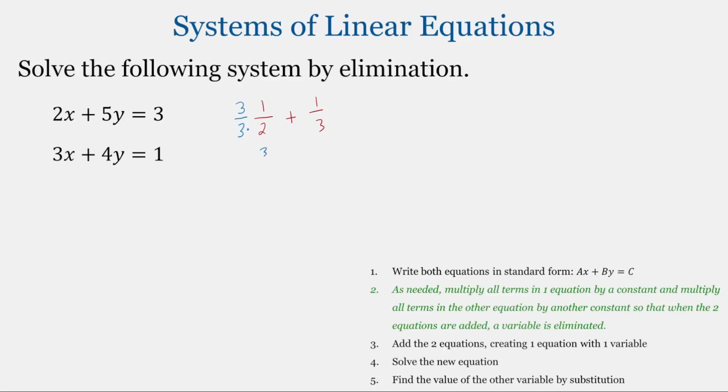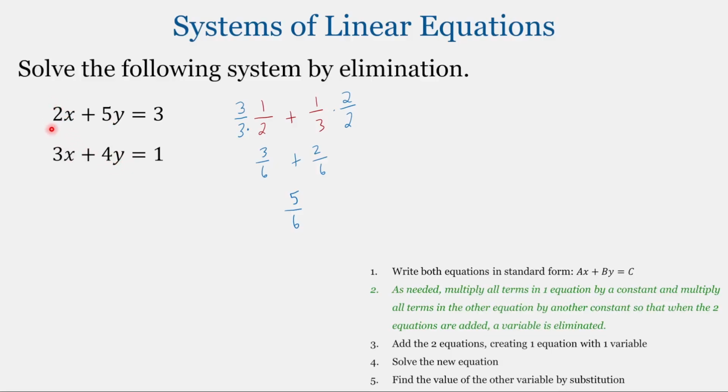So this becomes 3/6. For the second fraction, we multiply by 2 over 2, and we have 2/6. Adding these two together, we end up with 5/6. So I'm going to take the same approach here.